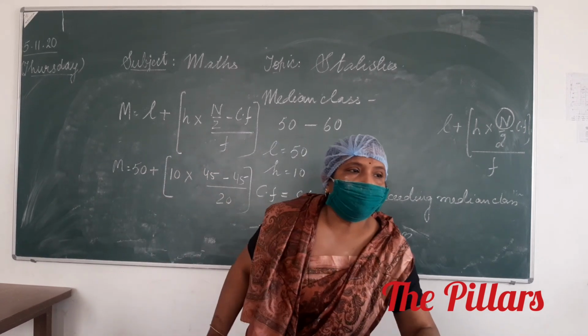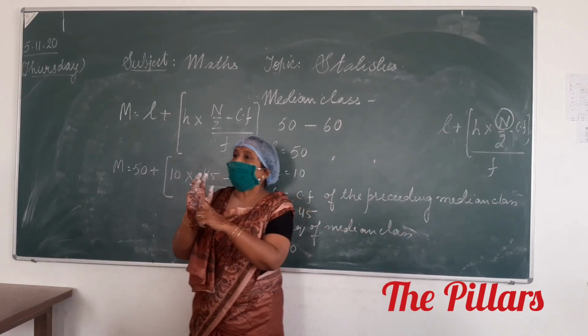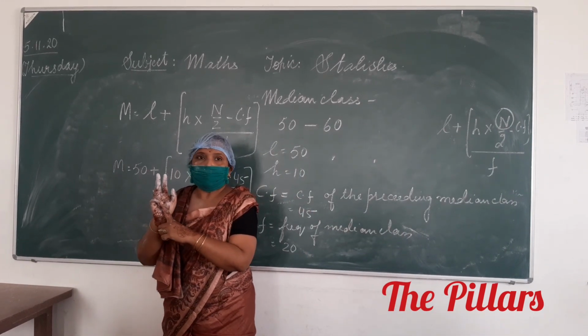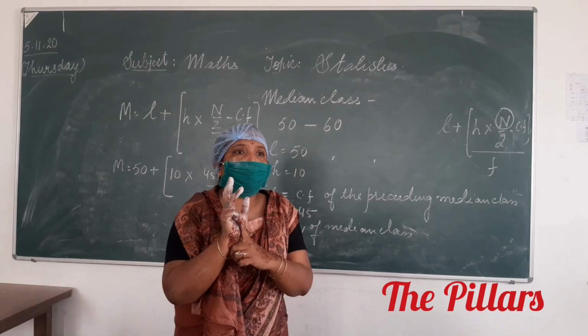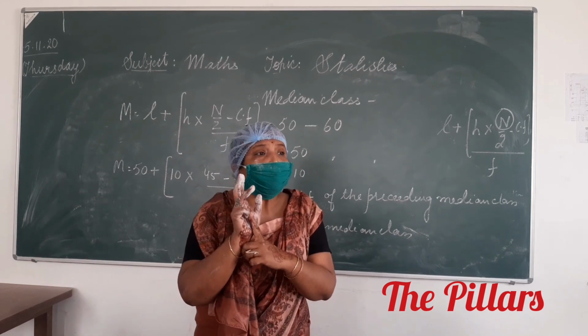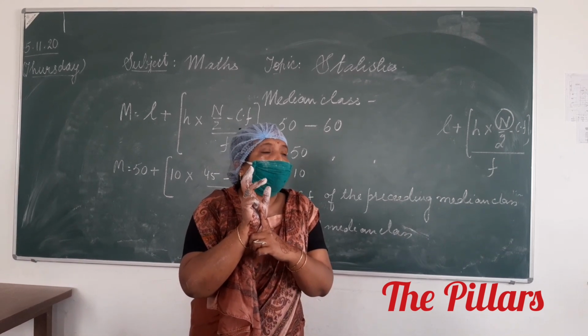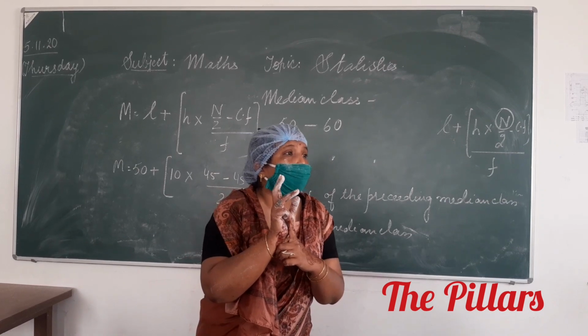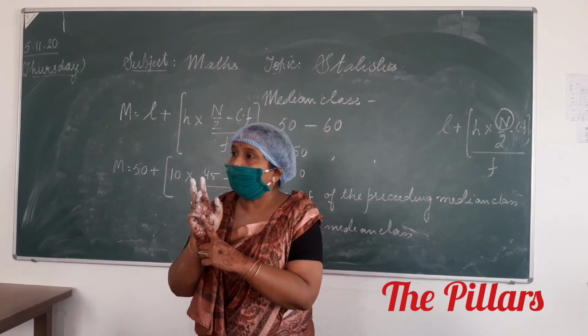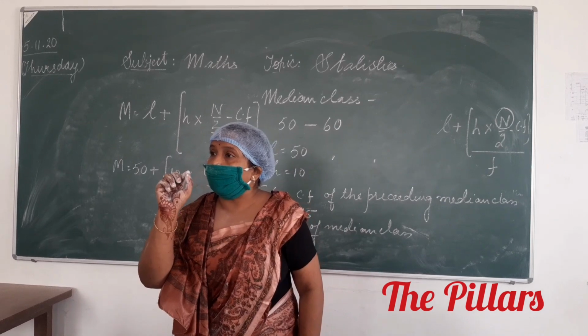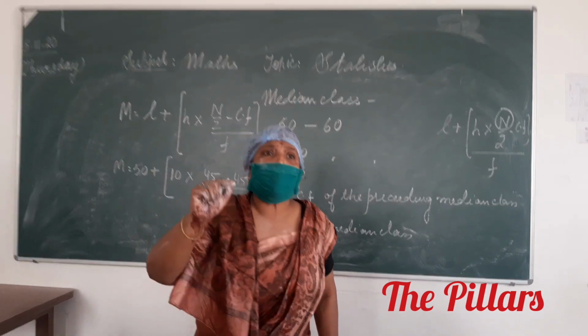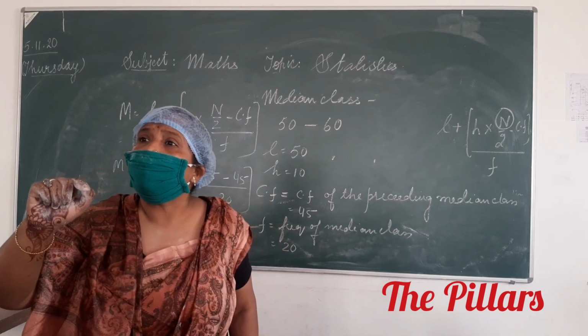How will you find the median of ungrouped data where the number of observations are odd in number? What will you do? N plus 1 by 2. Here, what does this N stand for?